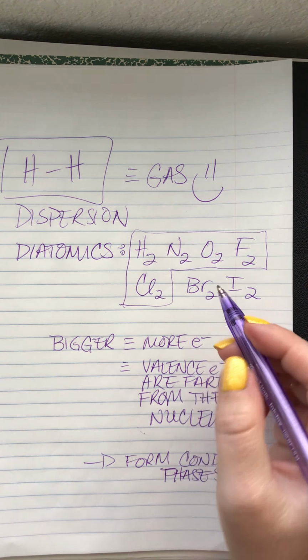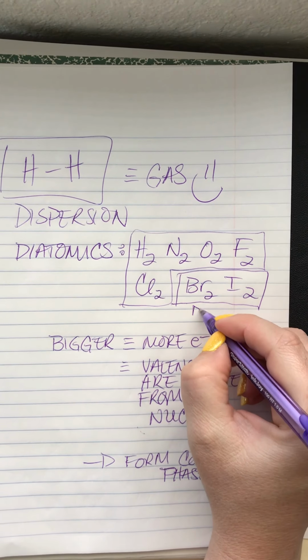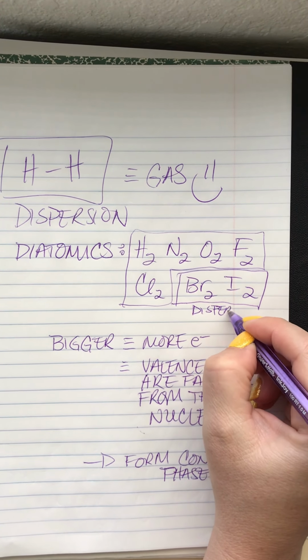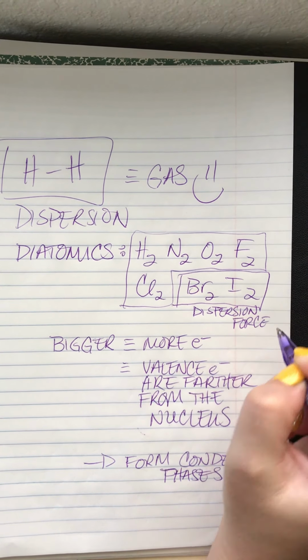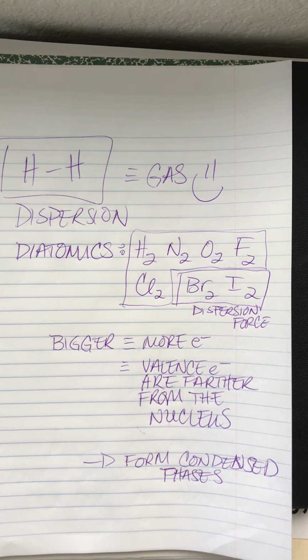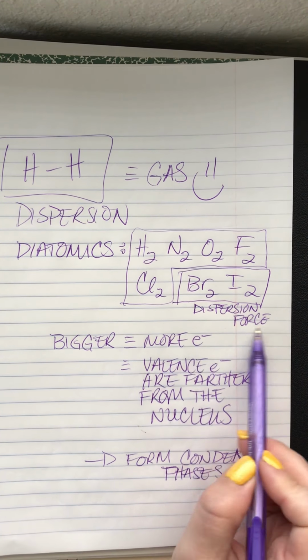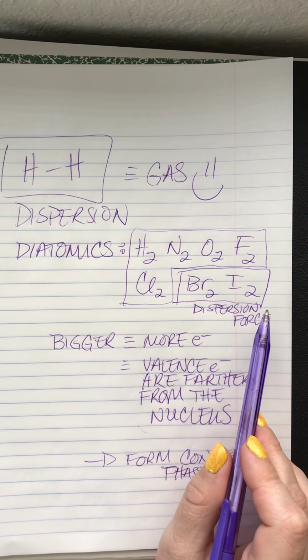So even though these guys still only have dispersion forces, they're still able to form condensed phases because the dispersion forces become more dominant as you increase in size.